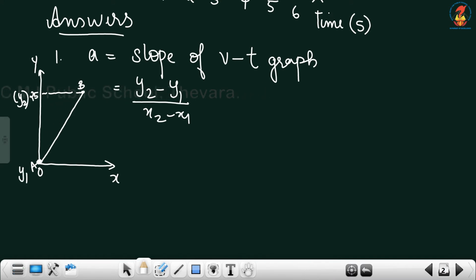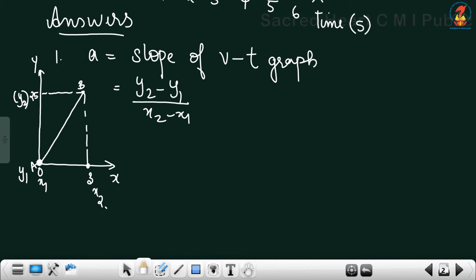Now, B, this one is 3. So, this point O is x1, this one is x2. Okay, so I draw only that portion AB here.